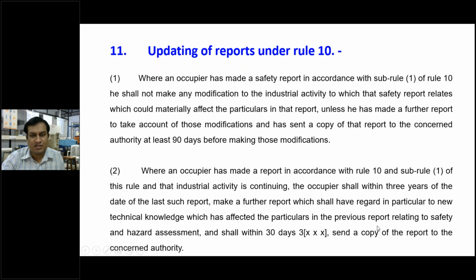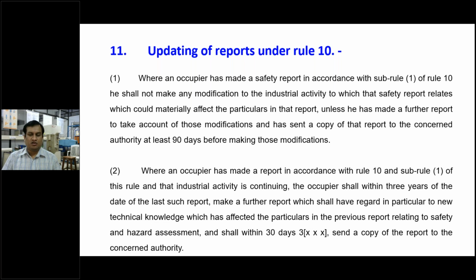So even if you are not going to make a major change in the industrial activity, there may be some technological changes, there may be some valid suggestions by an auditor, or some internal auditor, or some internal observer or the supervisor.